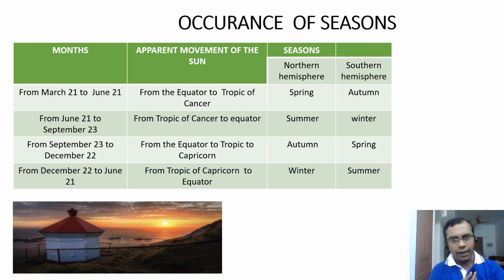As a result of the apparent movement of the sun from Tropic of Capricorn to the Equator, winter season will be experienced in the northern hemisphere while the southern hemisphere will be experiencing summer, and it happens from the 22nd of December to June 21st.